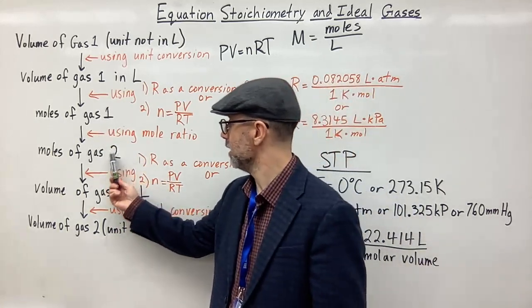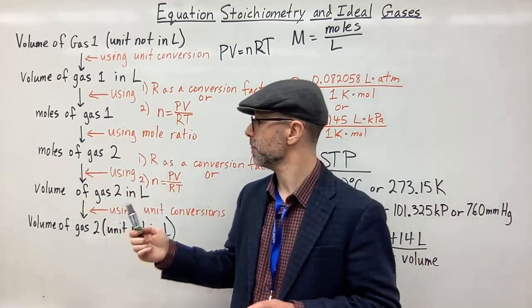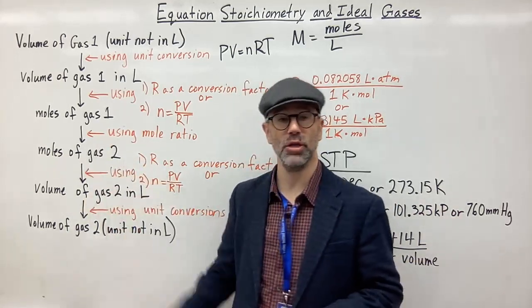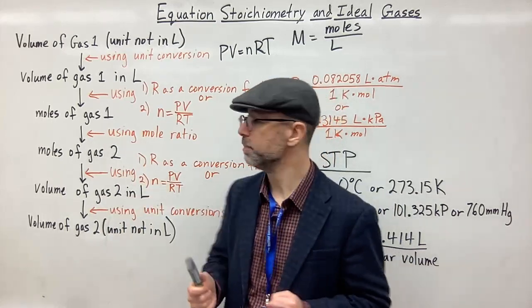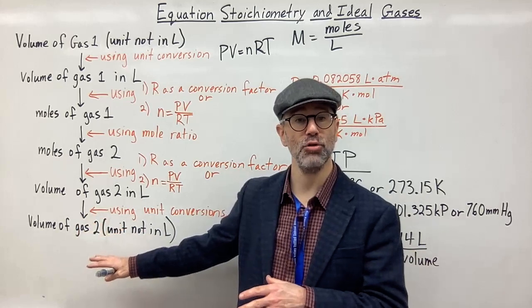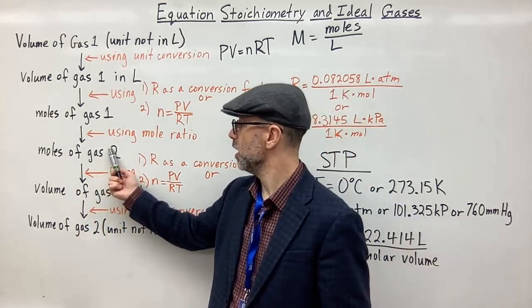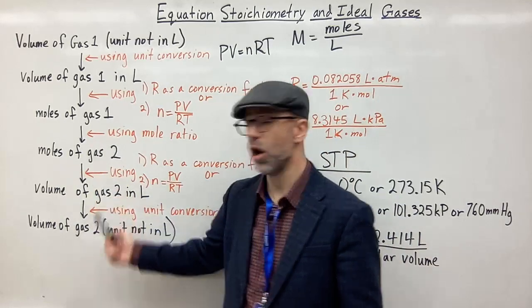And at this point, I'm done with the second overall step. Now the next thing is to convert to whatever unit they're asking for. In this case, I'm assuming that they're going to convert to a unit of another gas. So I would have to convert the moles of gas 2 to volume of gas 2.